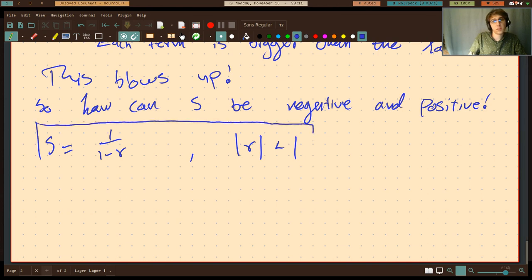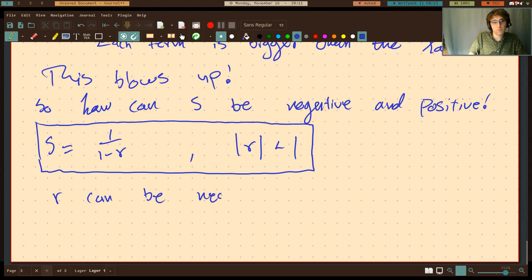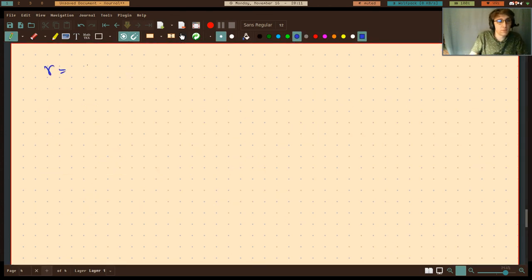And that means that, yes, r can be negative. So, for example, r equals minus 1/2. If that's our ratio, you get alternating signs on your terms. They're getting smaller, but they're flip-flopping around 0 between positive and negative values. That comes from taking a negative number and squaring it, then cubing it, then to the 4th power, 5th power.